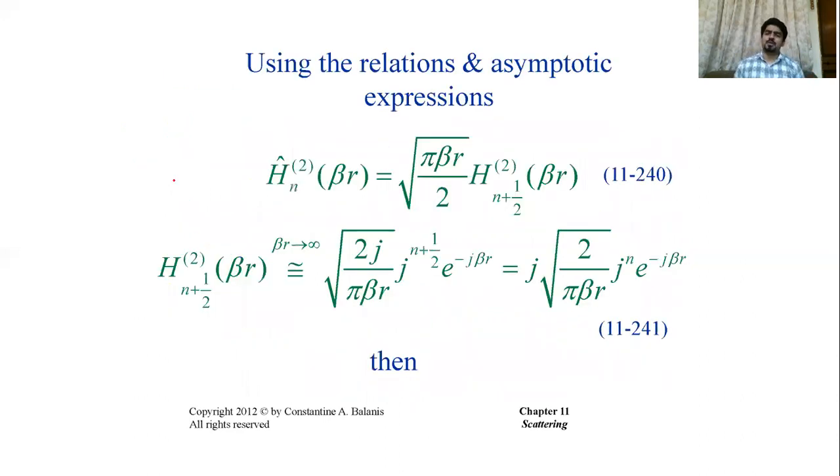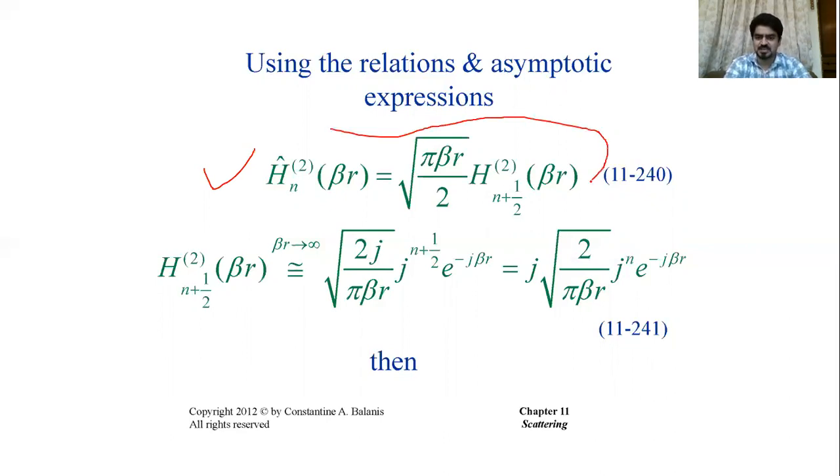Now we know the expressions for the E scattered and H scattered. The next step is to find the expression in the far field, and for that we'll apply this identity which connects Schelkunoff's spherical Hankel function of second kind to the typical Hankel function of second kind.